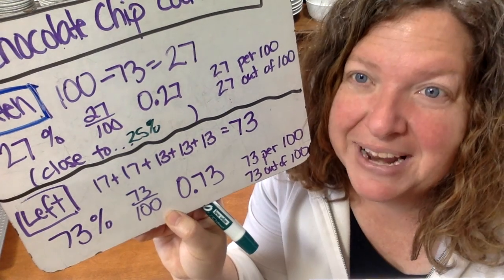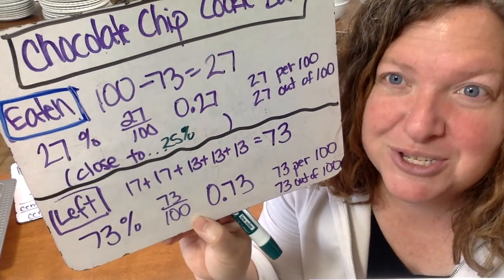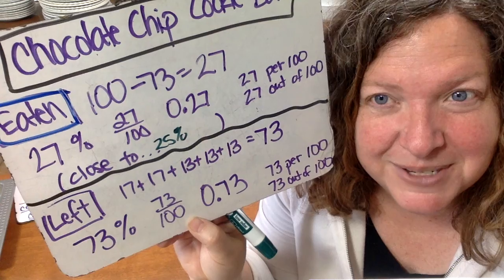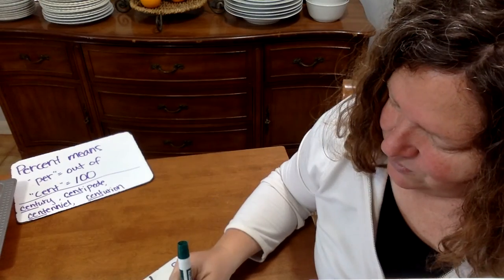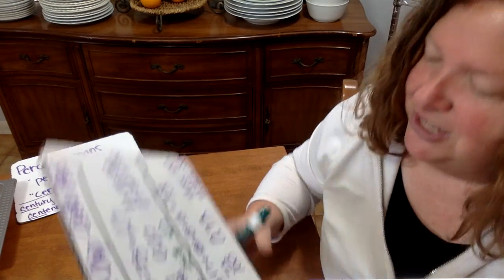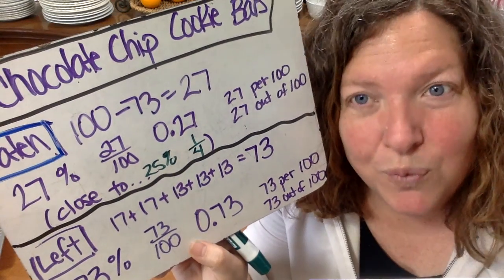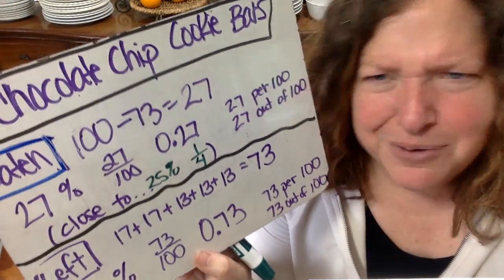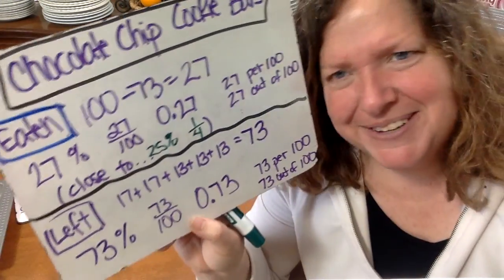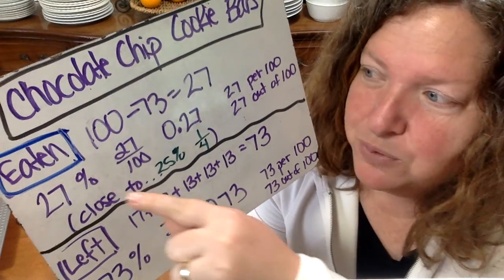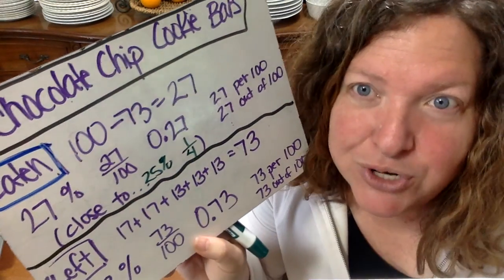And what's the fraction that we talk about that's 25%? What's 25 out of 100? So that fraction is 1/4. So if you go talk to someone, likely you would probably use 1/4. You'd probably say, "Hey, you ate a fourth of my chocolate chip cookie bars." It wouldn't be exactly right because it really was 27 hundredths.